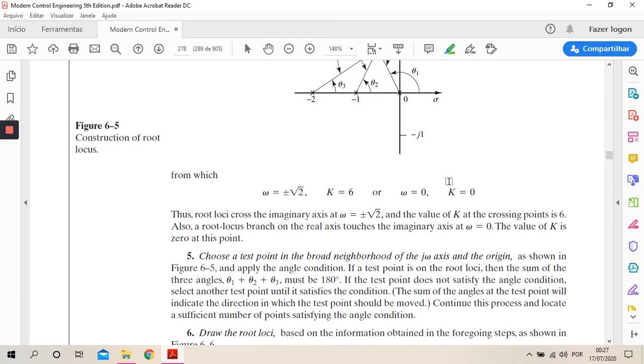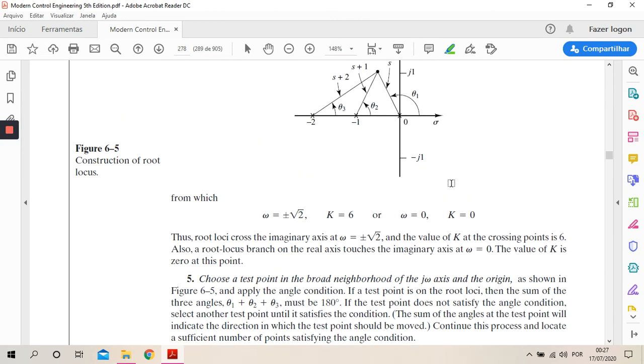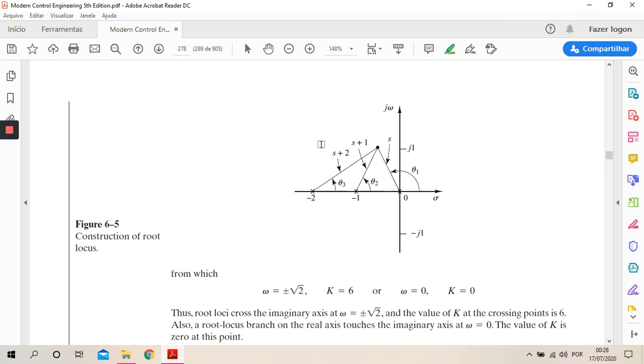Choose a test point in the broad neighborhood of the jw axis and the origin, as shown in figure 6-5. 6-5 is this image here. We are going to select test points. This guy here is the test point, okay?